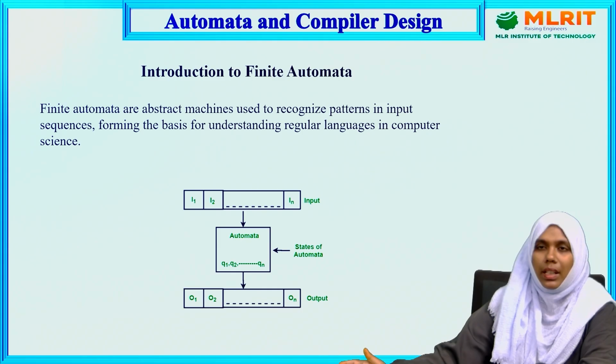Finally, the output can be O1, O2, and so on up to On. This is the description of how the finite automata is defined.